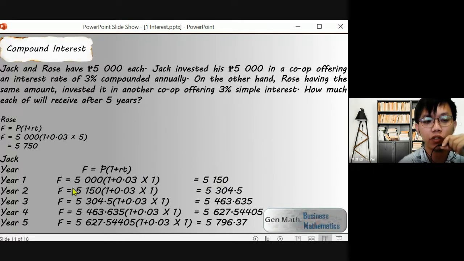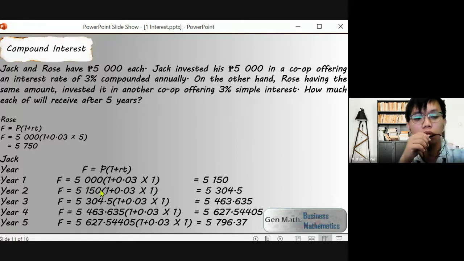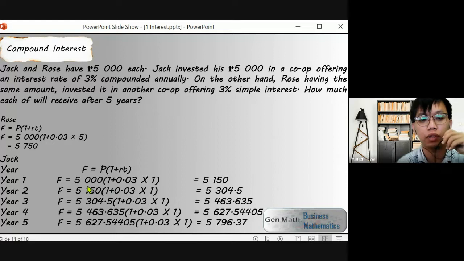And in the next year, to solve the amount you will be having in year 2, yung magiging principal amount natin dito is mapapalitan. Yung magiging principal amount natin, that is the amount in the future value in year 1. So ano ba yung future value in year 1? That is 5,150. Yun yung magiging new principal amount natin.